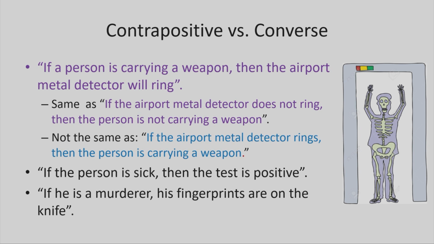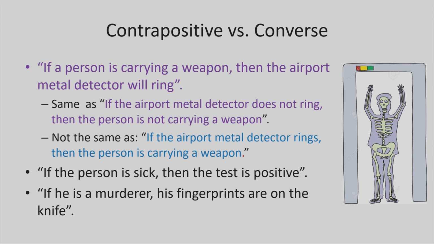Or here is another example that, again, you could think of people who would reverse the sentence and get something strange in real life. If he is a murderer, then his fingerprints are on the knife. Well, okay, fine, that's true. But suppose they go and they find somebody's fingerprints on the knife. Would it be logically correct to conclude that those fingerprints belong to the murderer?